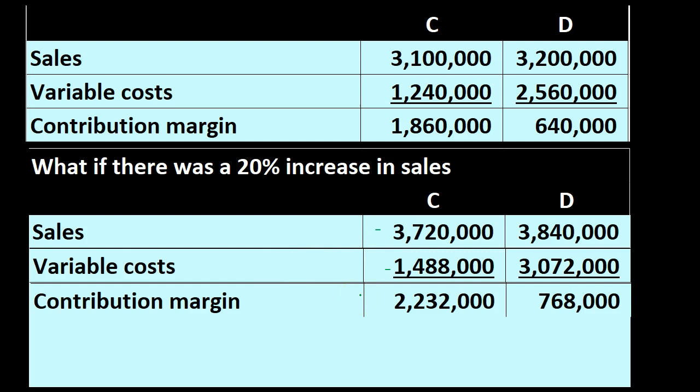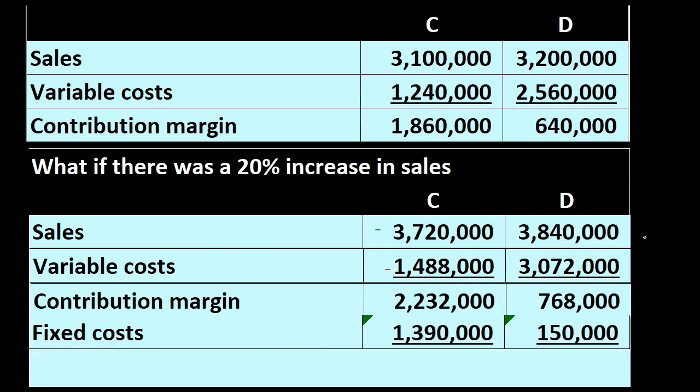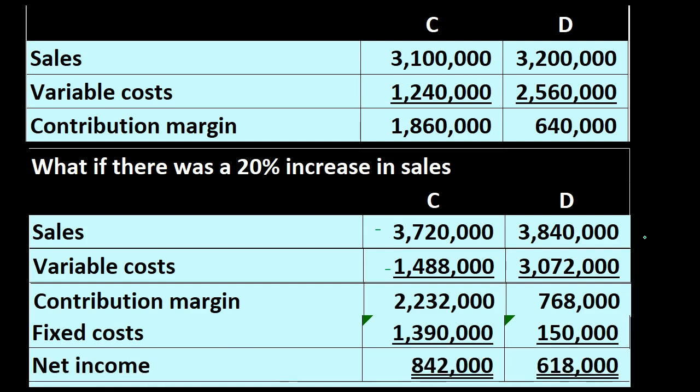So we've got the 2,232,000, D's following suit. I'm not going to go through the calculations for both, but just note D's following suit here with the related numbers. Fixed costs remain the same. These were the same fixed costs we saw at the beginning with the given data, and that gives us the net income.